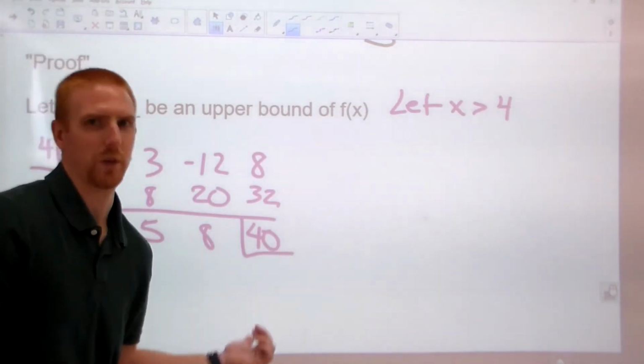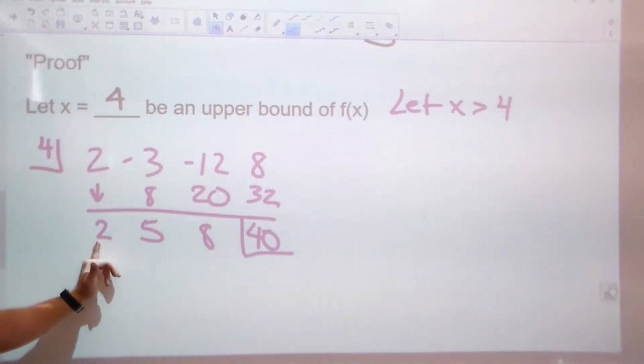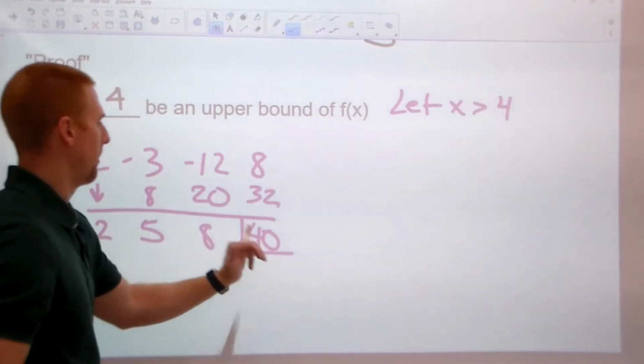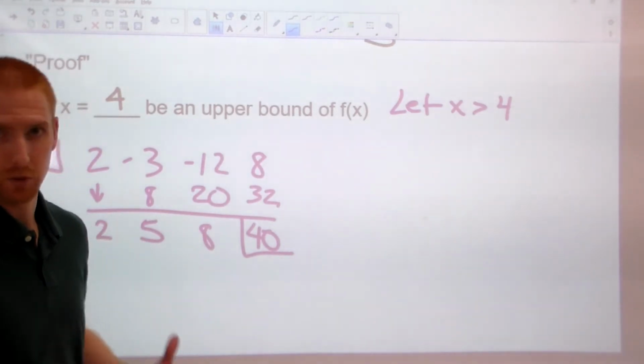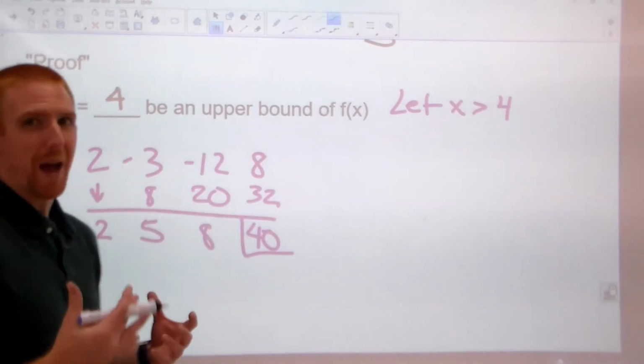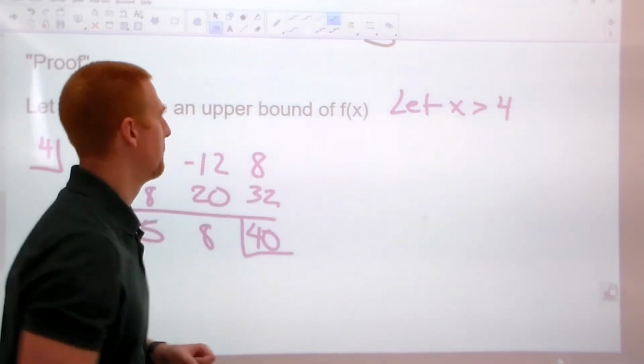All right, so the rule says that if I do synthetic division, I could do long division, but synthetic's way easier, and every one of these terms is positive, then I have found an upper boundary. That's what the rule says. So let's jump back to factor remainder theorem for a second.